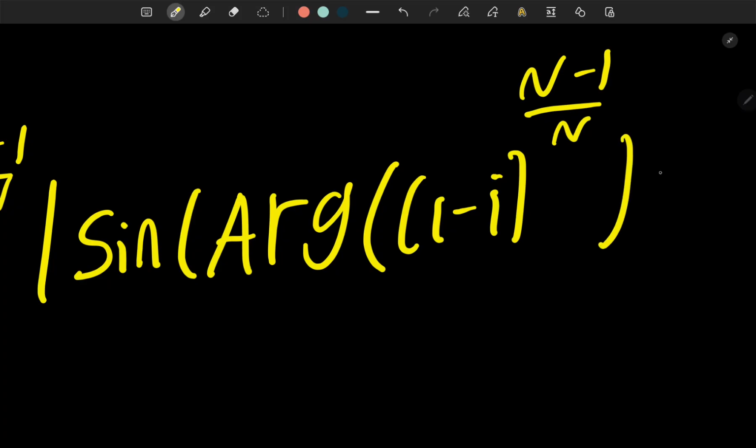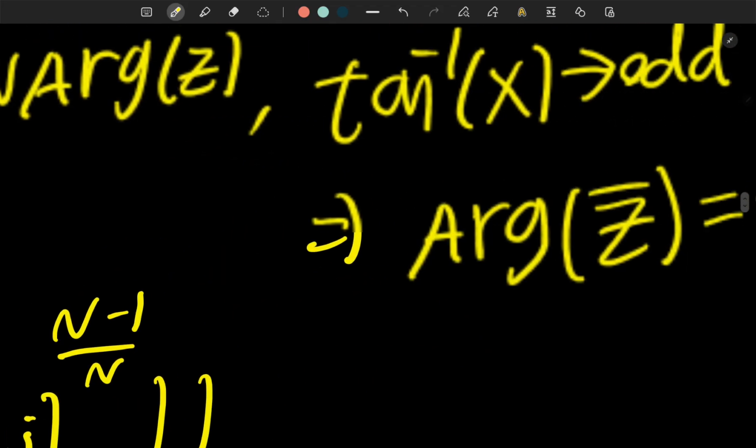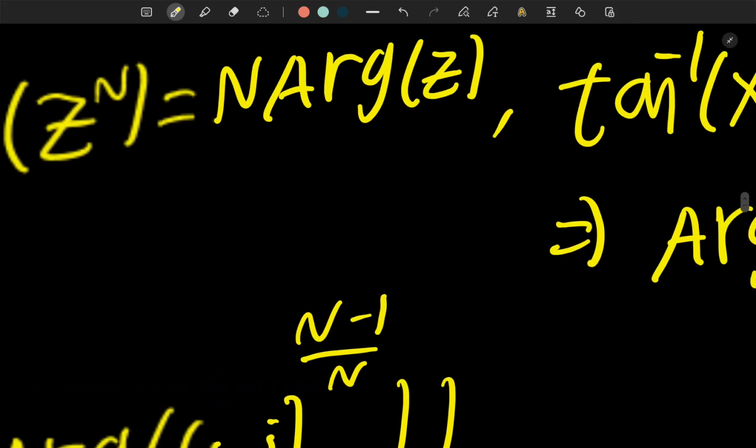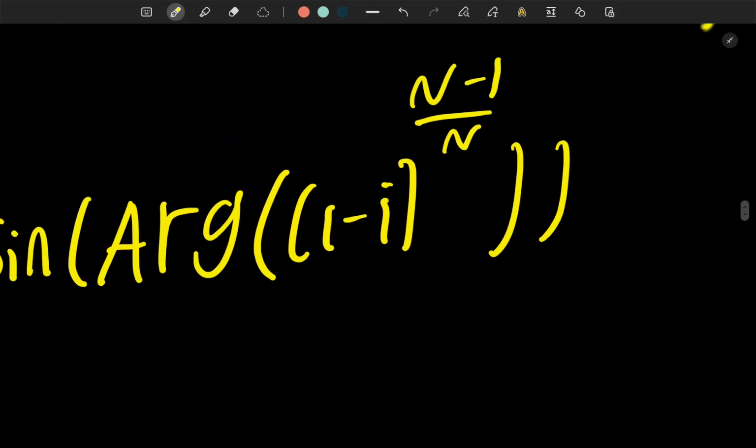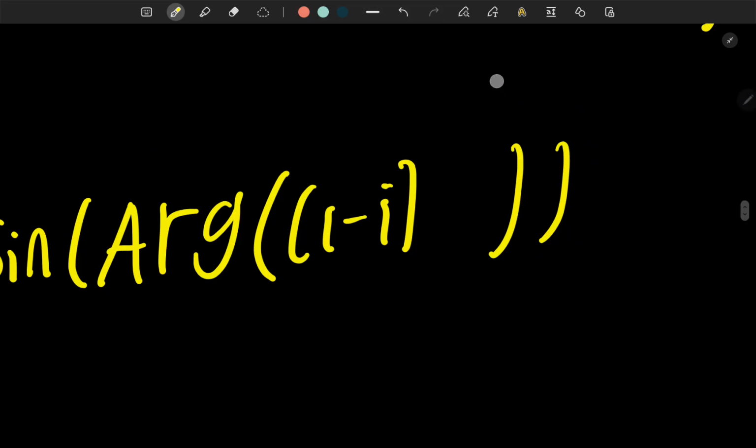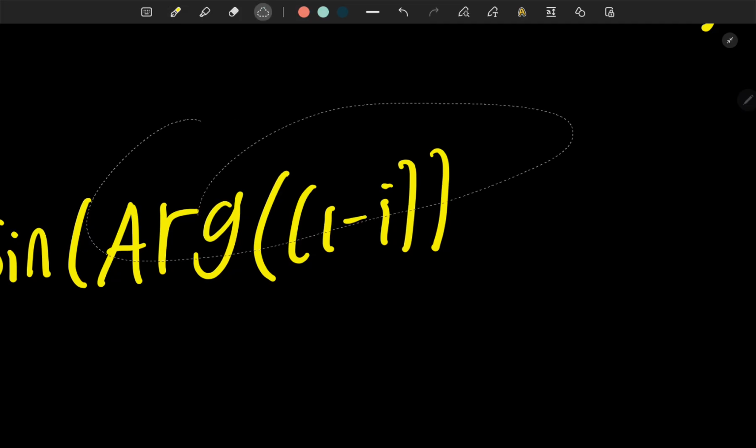Sorry for my handwriting. It's quite terrible. So, if we look at these important facts, argument of z to the n is equal to n times the argument. So we can bring this out. Okay, and let's move this over.